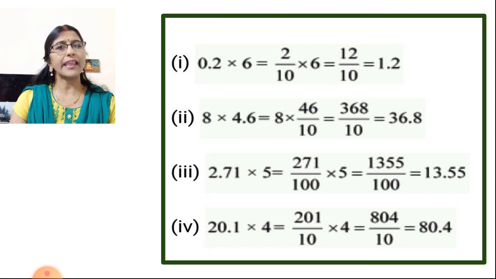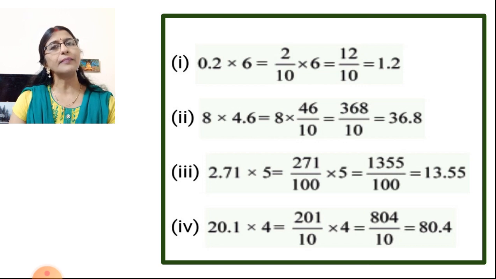Now the fourth one, 20.1 multiplied by 4. So again we'll do the same way. We will first remove the decimal point and convert it into a fraction. As you can see, one decimal place is there, and in the denominator 1 is there, so we are going to multiply both numerator and denominator by 10. In the numerator the point will be removed. We will get 201, and in the denominator we will get 10, and then it is multiplied by 4. 4 is a whole number, so no need to do anything with that.